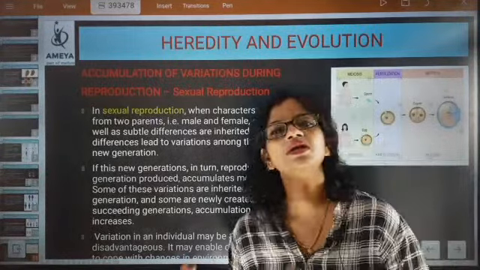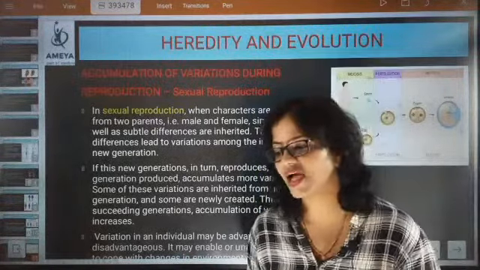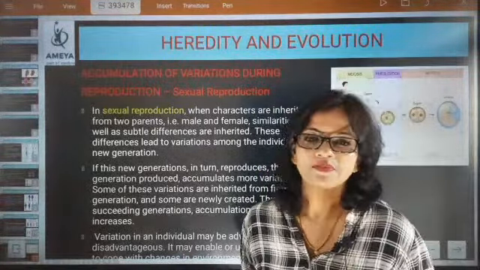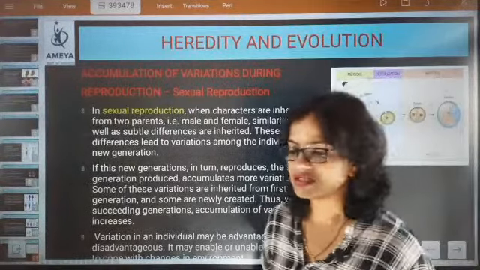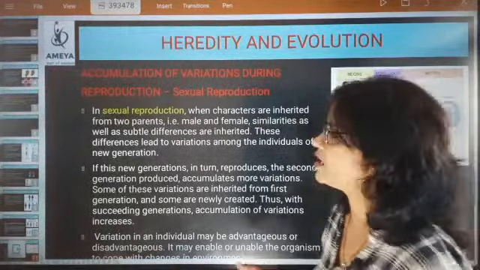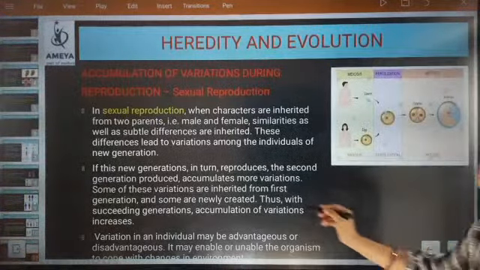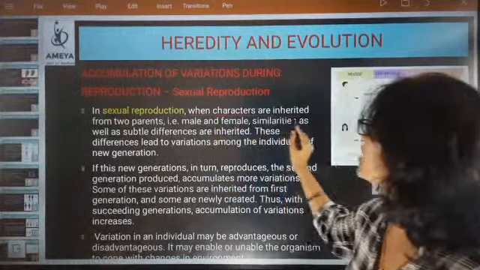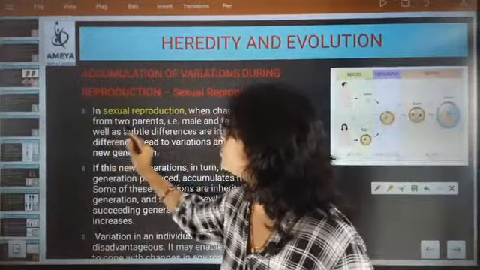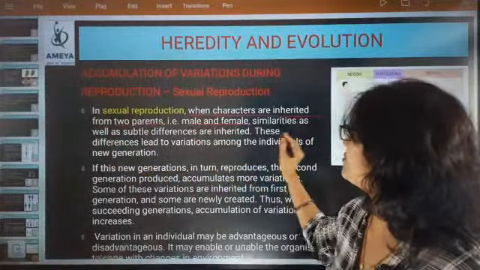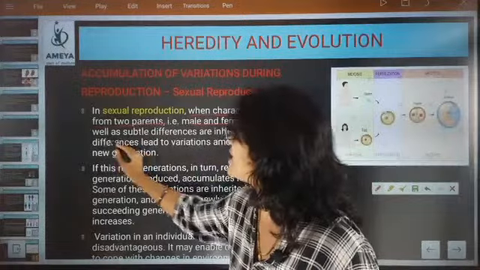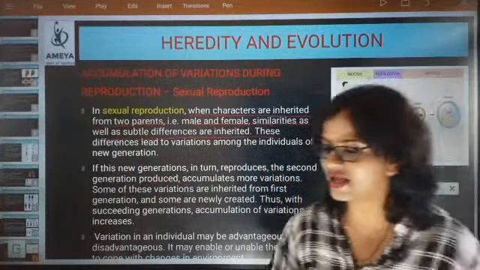Subtle differences means the differences which can be seen. So similarities and differences are both going to be there. Underline this very important point: when characters are inherited from two parents, male and female, similarities as well as subtle differences are inherited.